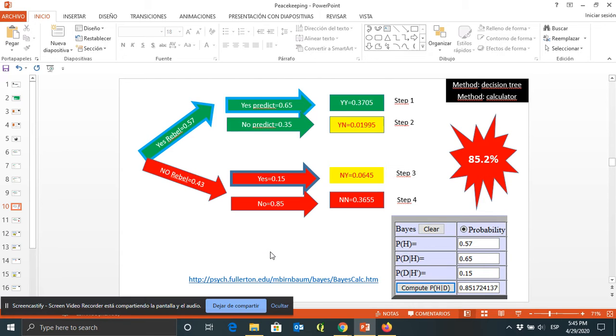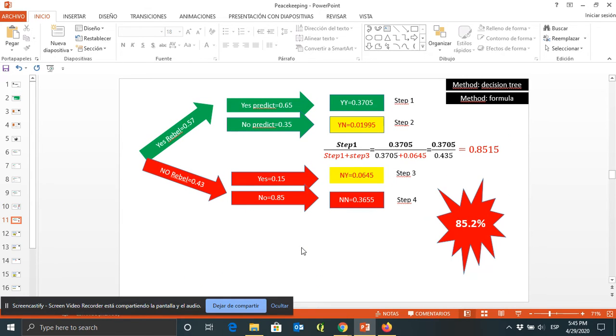So we continue with the decision tree. And as you can see, the decision tree has a formula. It says divide step 1 over step 1 plus step 3. Step 1 is the yes version, 0.3705, which also comes in the denominator, and we add step 3, which is no yes, 0.0645.